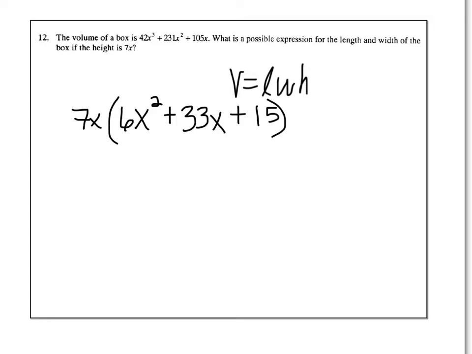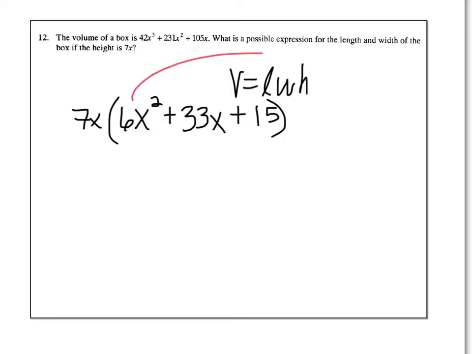Now, yes, they still have something else in common, but they're telling us that the 7x is already one of our dimensions, so we have to use this to come up with the other two. So even though they have something in common, we still are going to use this to do our C and a hat.